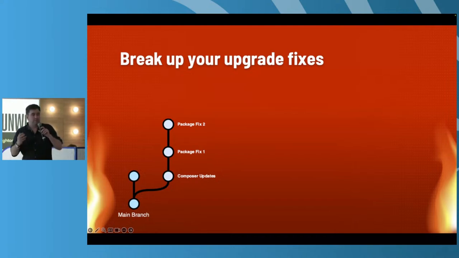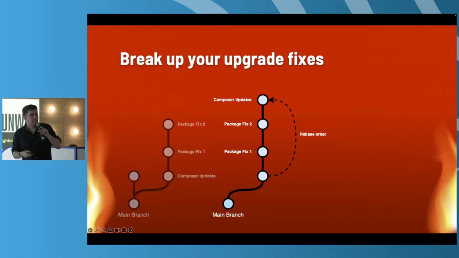So if we like the idea of atomic commits and keep them nice and clean, with each different fix, what we do is firstly do a rebase, and push the Composer updates to the top. Then when we jump to say that package fix 1, we can run all our tests and see, does the fix we've created for the package we want to update work without that update?